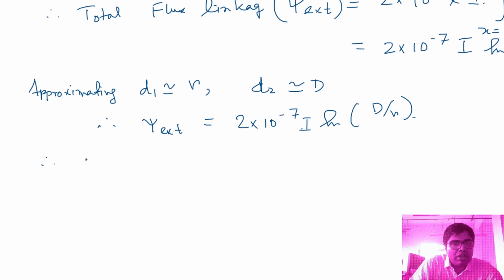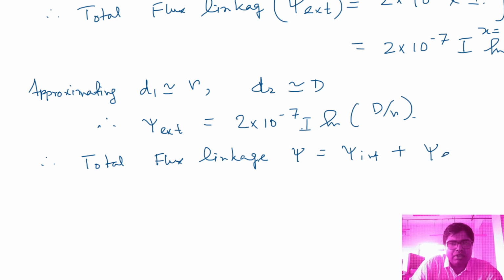So what will be the total flux linkage? Total flux linkage can be found by adding internal flux linkage as well as external flux linkage. So what is internal flux linkage? It was half into I into 10 to the power minus 7.